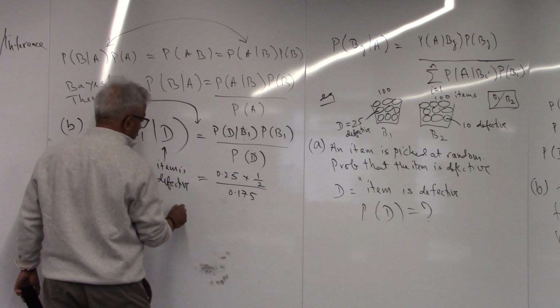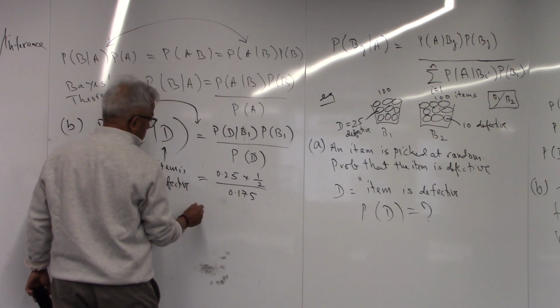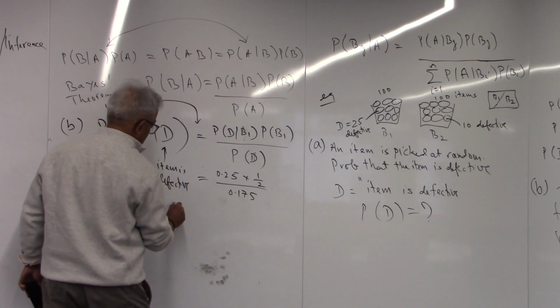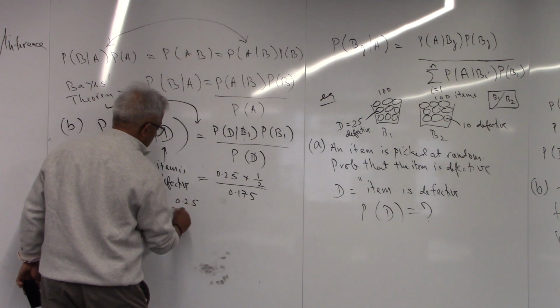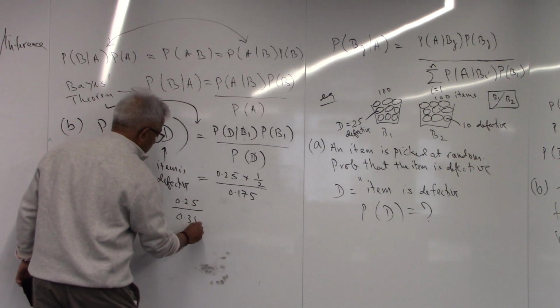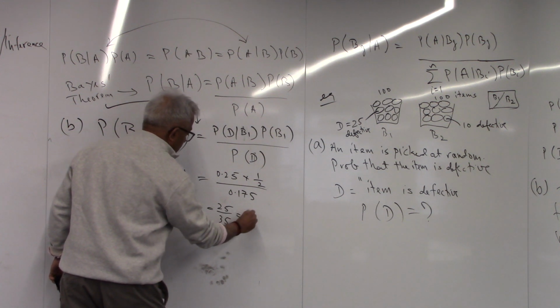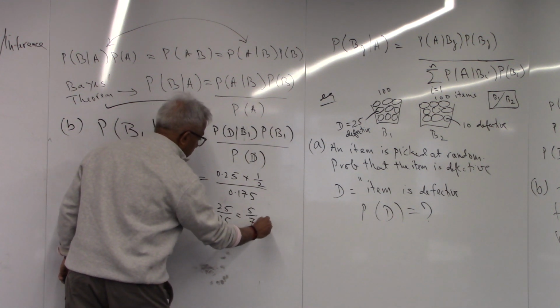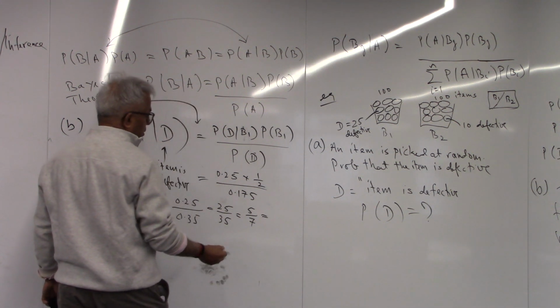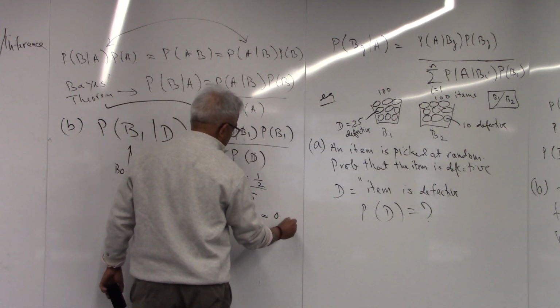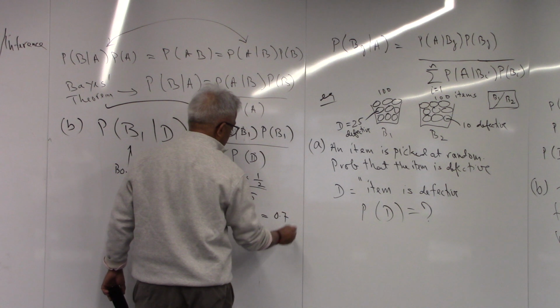This is going to be 0.25 divided by 0.35, so that's 25 divided by 35, that's 5 divided by 7, so that's about 0.7, right? So 0.71, something like that.